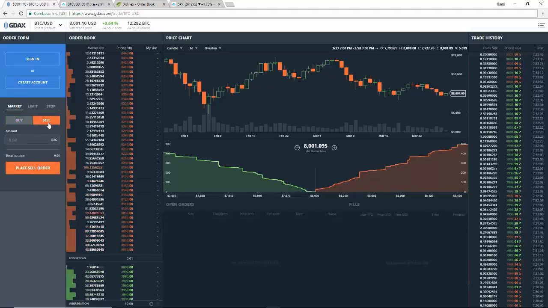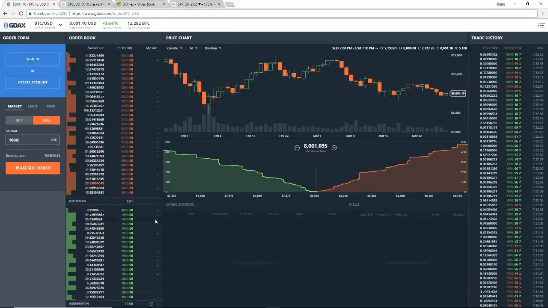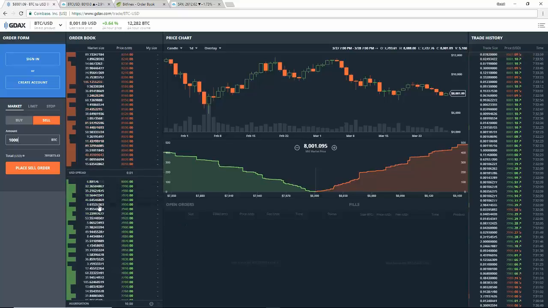And the same thing can be said for the sell. If somebody had 1,000 Bitcoin and they were looking to sell that immediately, they would be able to do that, but it's going to push the market down until their entire position has been filled, and that is going to reflect what happens with the price change.